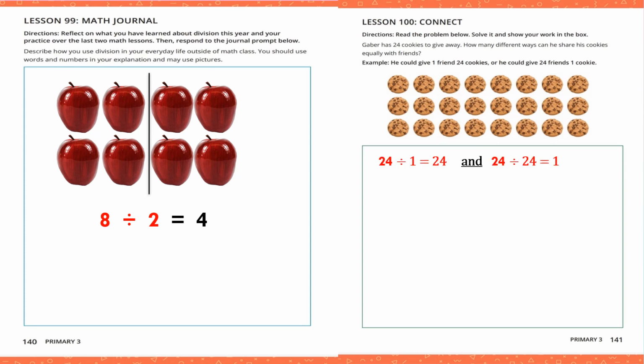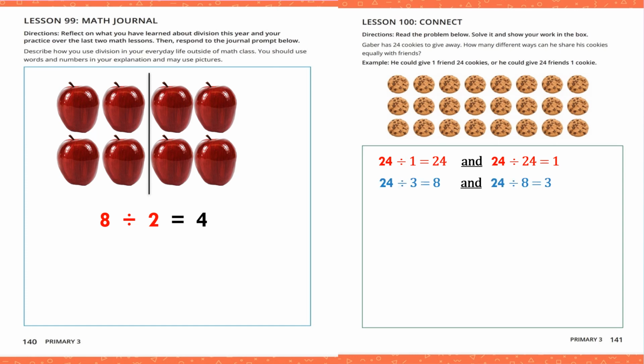So we can solve this. 24 divided by 1 equals 24, and 24 divided by 24 equals 1. That means he can give one friend 24 cookies and 24 friends one cookie.